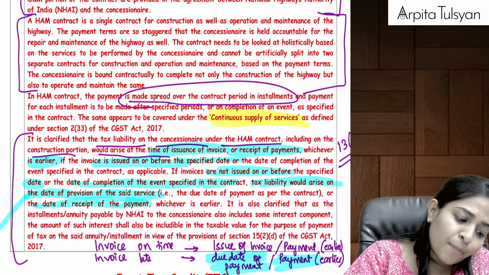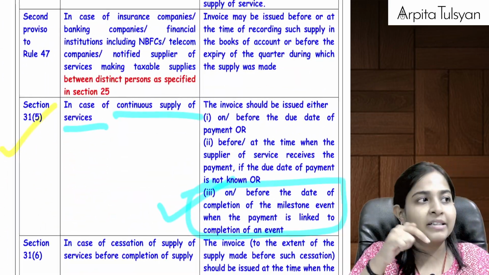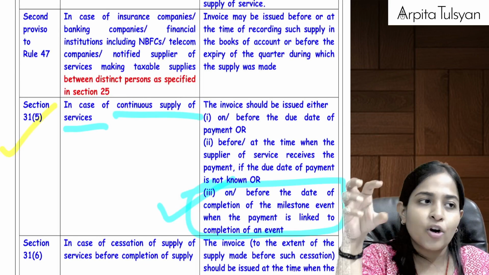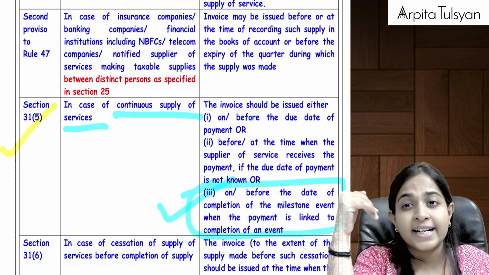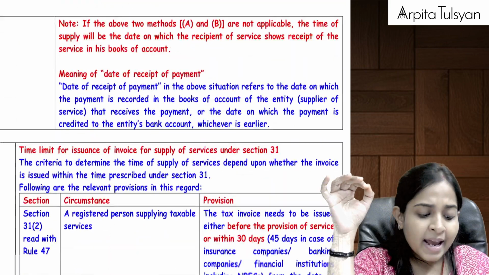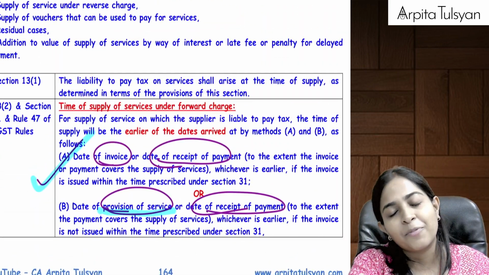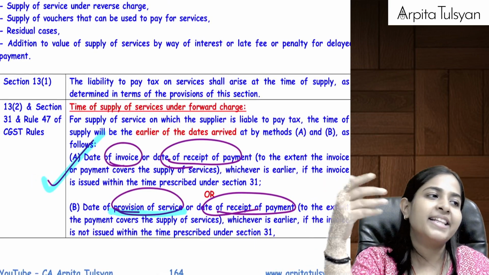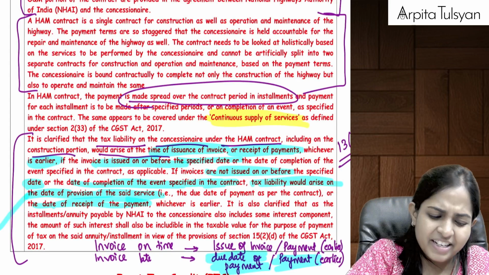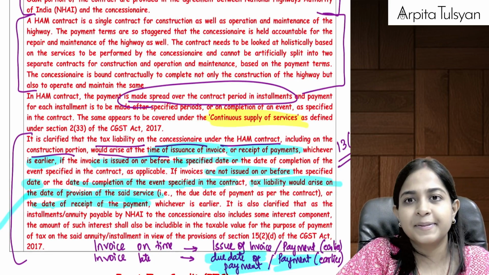As per the provisions of continuous supply of service, as per section number 31.5, as you can see here in your textbook, depending upon the due dates that were written in the contract, the invoice should be issued. And if the invoice is issued on time, as per section 13.2, find out the time of supply. If the invoice is issued late, then again as per section number 13.2, find out the time of supply. Very simple. Yes, manageable, everyone.